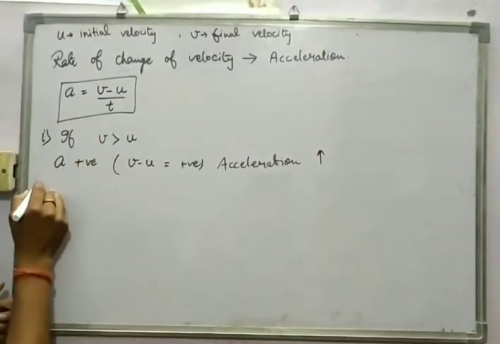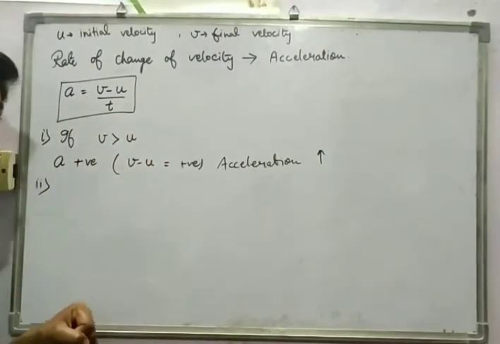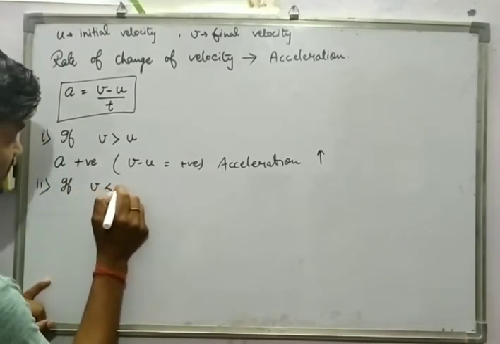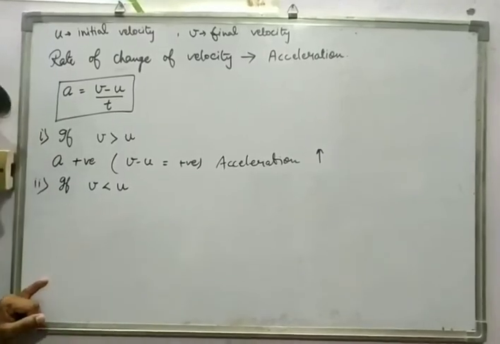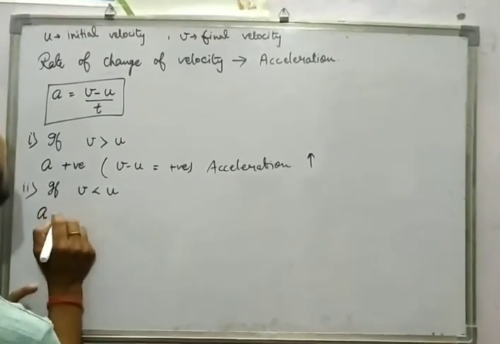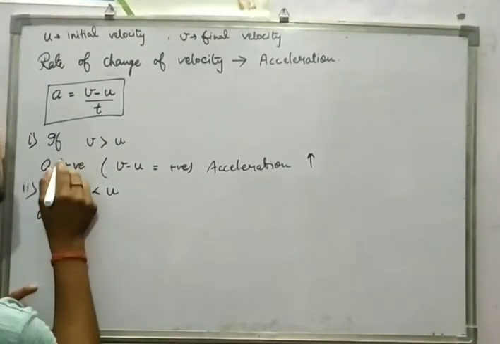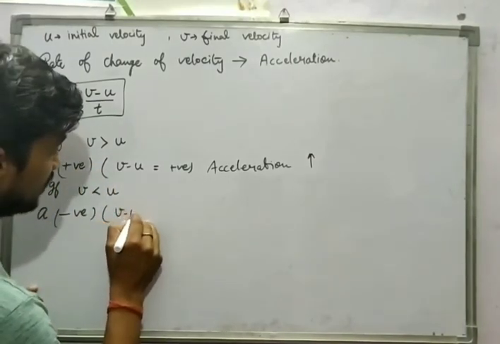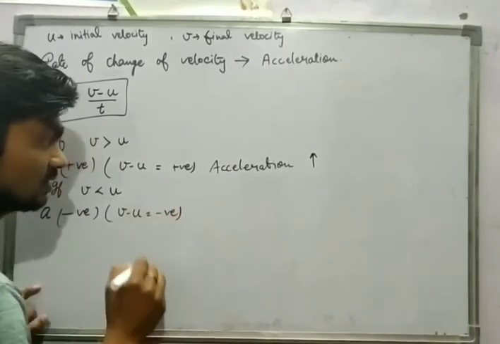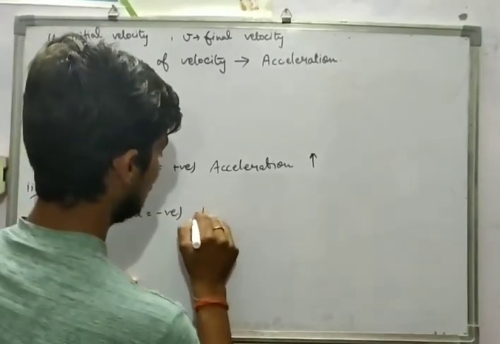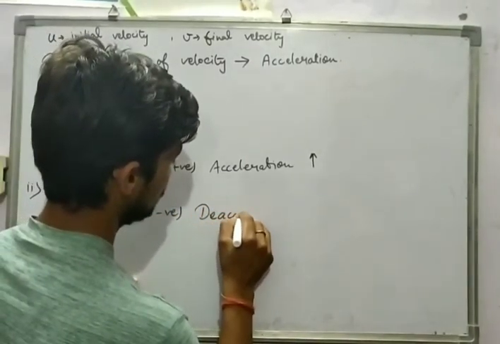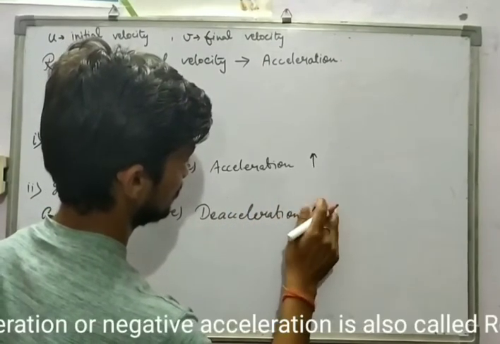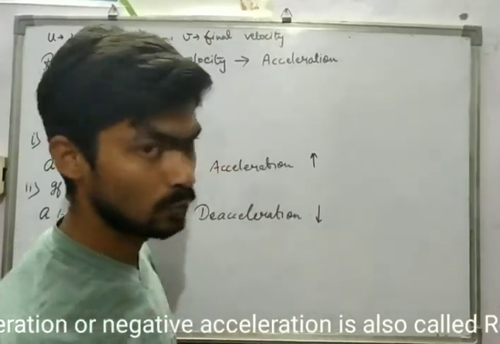But the moment you are applying the brakes, so if final velocity is less than initial velocity, that time it will be negative acceleration, or we call it deceleration. Why? Because v minus u will be negative, so we will get deceleration or negative acceleration. Here the speed will be low.